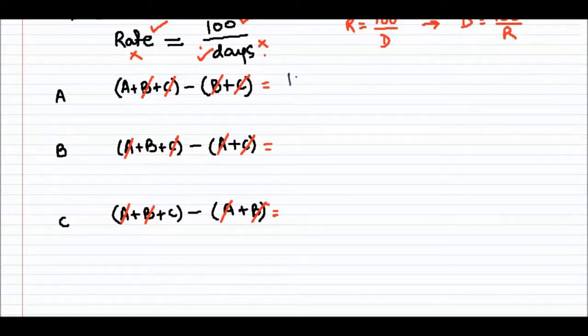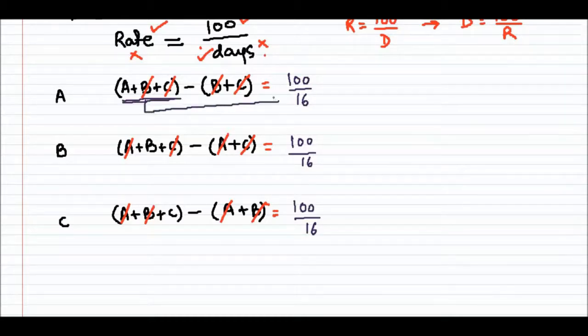Now A plus B plus C, we have seen that it was 6.25 and that was 100 divided by 16. So the same 100 divided by 16 I am putting in place of A plus B plus C. And do not remain under the impression that I have really cancelled this thing. I am writing the value of A plus B plus C. Their rate is this 100 by 16.